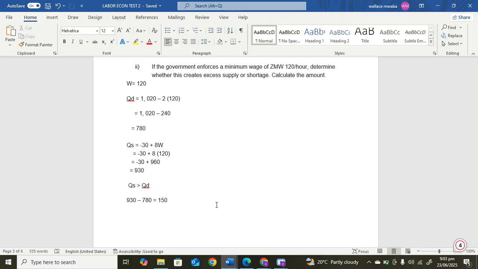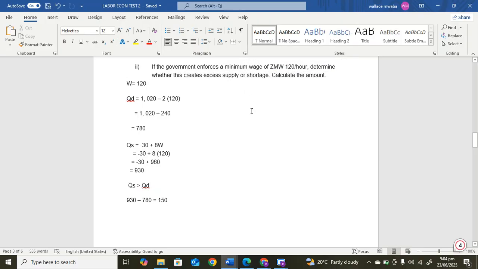Now, which monetary term are we going to compare against 120 to see if there's an excess supply? No, basically, when they say calculate the amount, they're implying the amount for the supply or shortage.